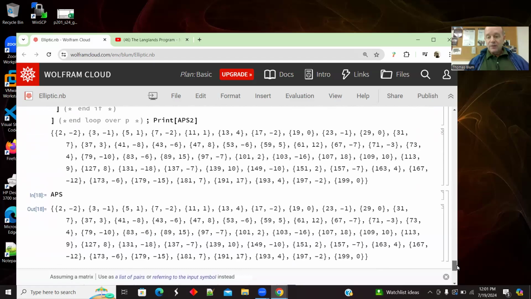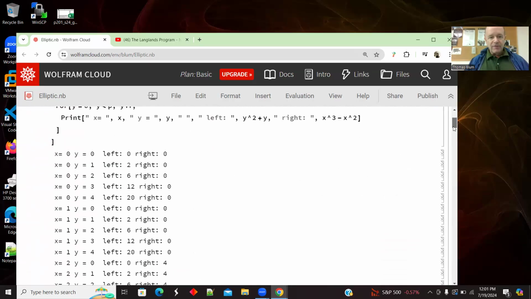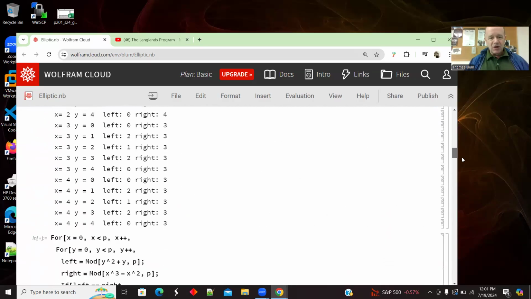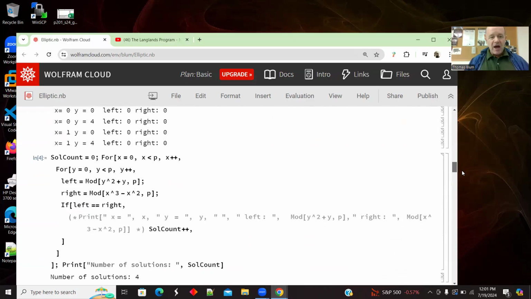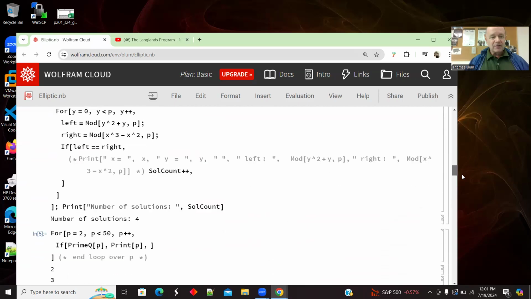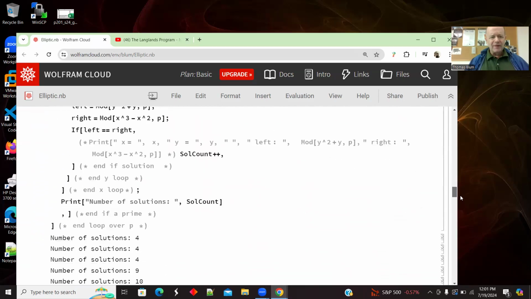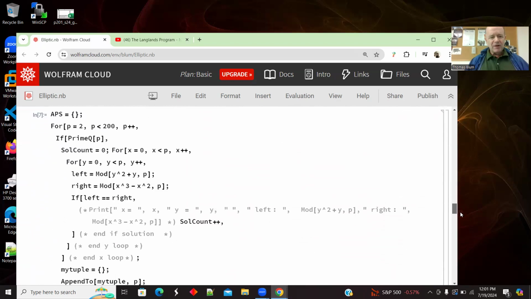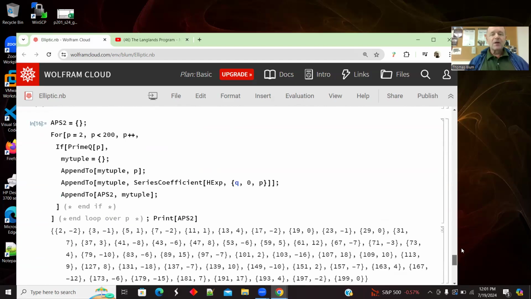So anyway, that's what I wanted to show you, just some excuse to play with Mathematica, and it made us play with for loops and modulo and ifs and what else? PrimeQ and products and all sorts of fun things. So that's it.